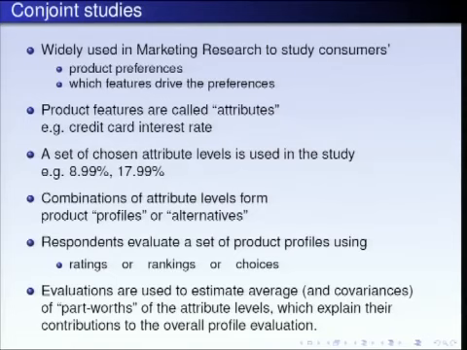And then the evaluations are used to estimate the average of the part worths of the attribute levels. In other words, they're really just contrasts between the levels of the attribute. And those then help to explain which particular attributes are more important to the consumer, in the way that Brad was describing.